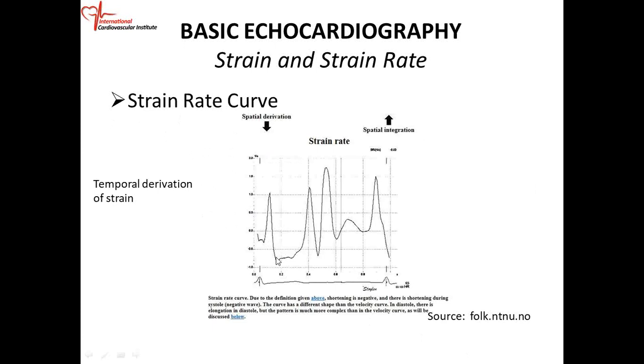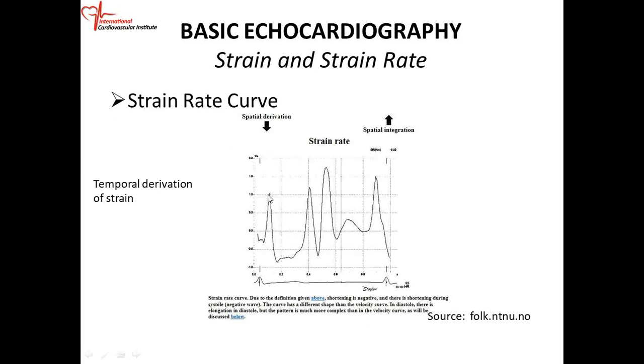In systole you have a downward displacement, and then in diastole you have an upward displacement. So if you look closely, your strain rate curve looks like an inverted velocity curve.